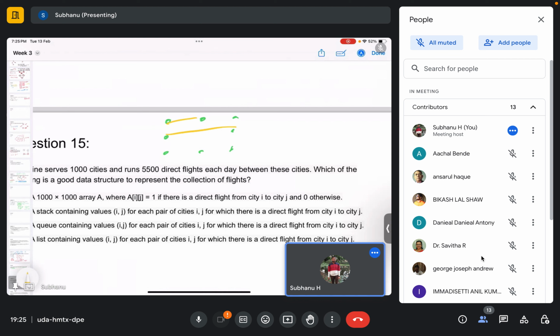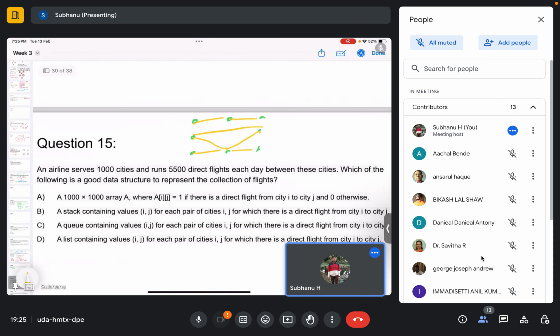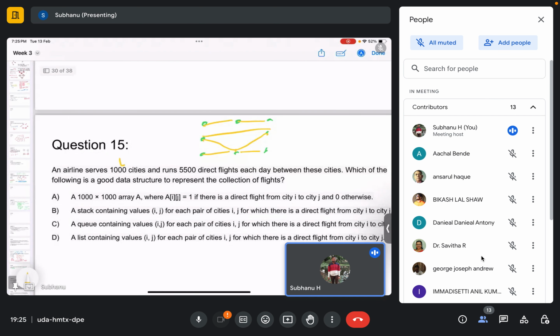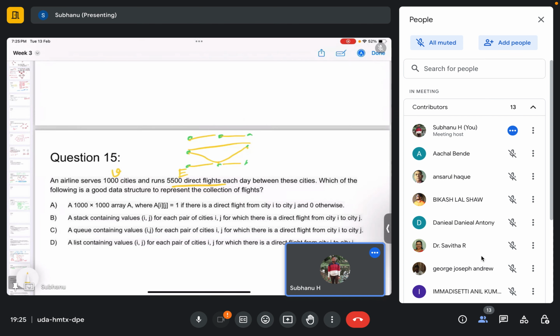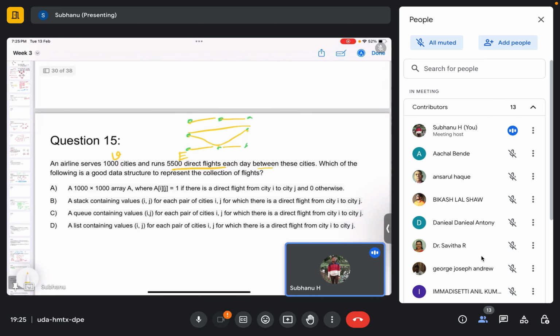So basically the cities are the vertices. How many vertices are there? 1000. And how many direct flights each day? That is 5500. So this is basically the edges of our graph. Which of the following is a good data structure to represent the connections between these cities?